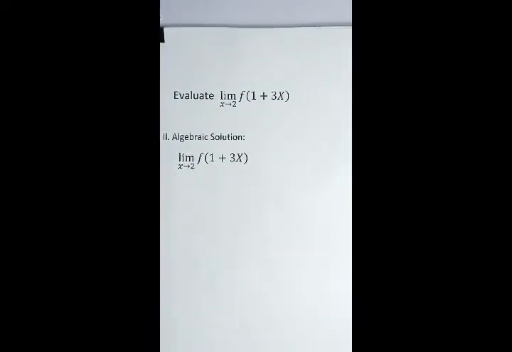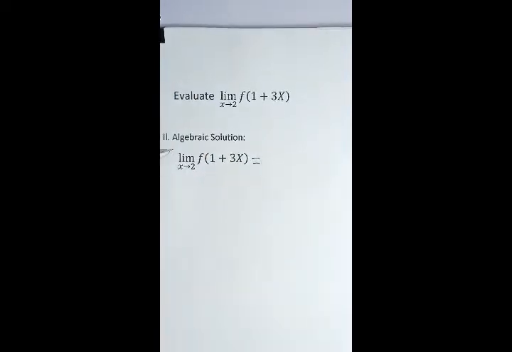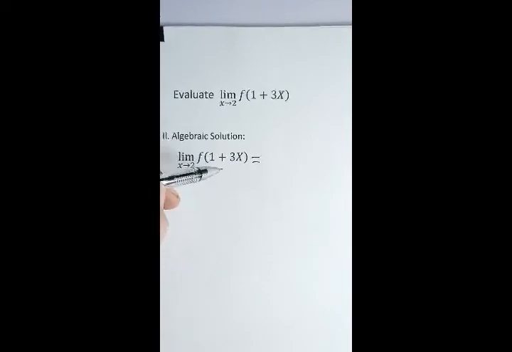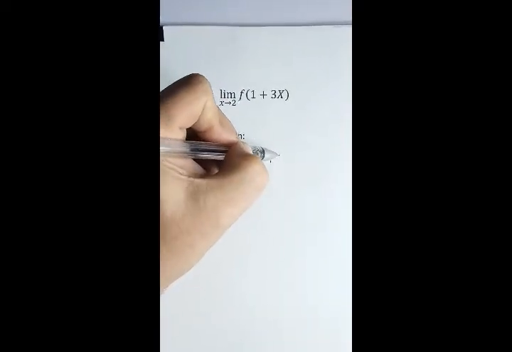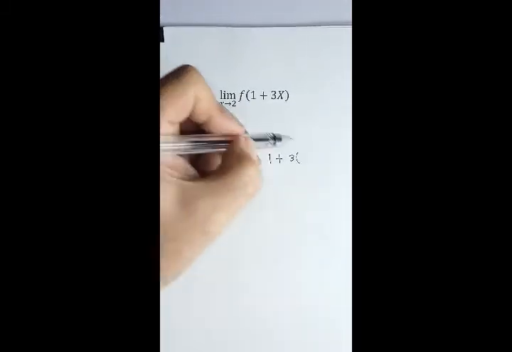Our third solution is the algebraic solution. So you have the same problem, and we solve it by algebra. By algebra, it is simpler. The value that x approaches, we just substitute into x. So it becomes 1 plus 3 times 2.